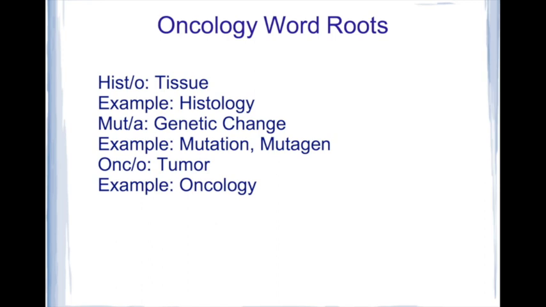Sarco, like sarcoma. What does sarcoma refer to? Well, oma means tumor, right? Sarco would refer to a tumor in what part of the body? A tumor of connective tissue.